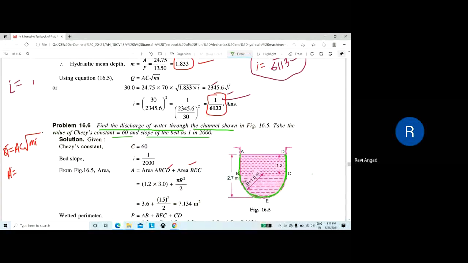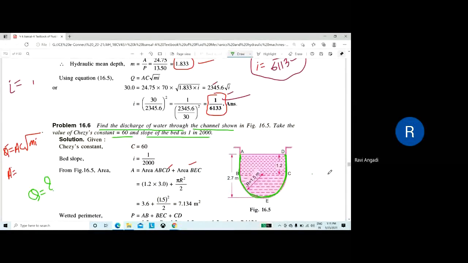Till what height the water is there, till that point you have to take as the wetted perimeter. The green line that I have drawn is the wetted perimeter, or wetted length, of the channel. Then you take AB plus BEC plus CD. That is the wetted perimeter you require. Then calculate the discharge, Q. Tell me the answer.